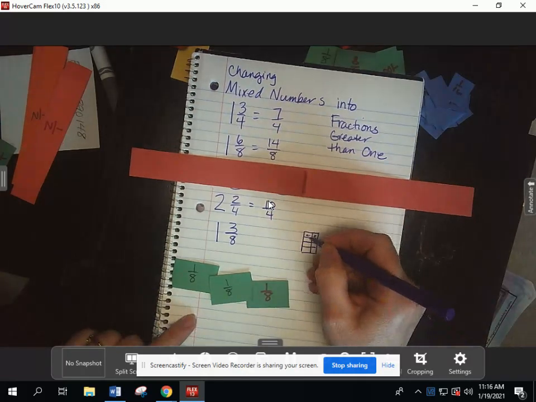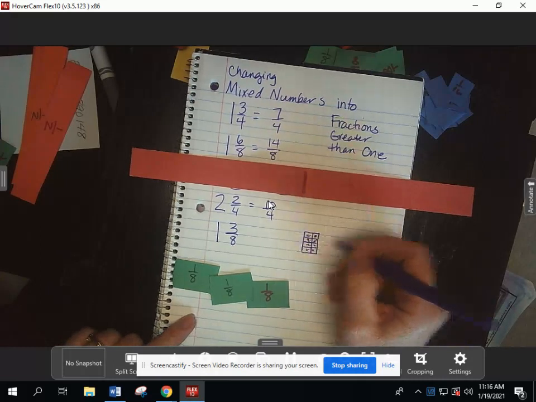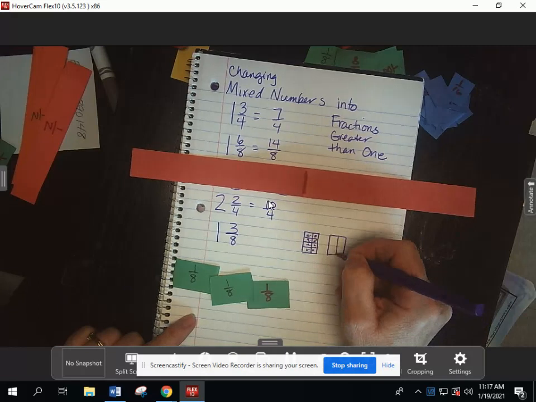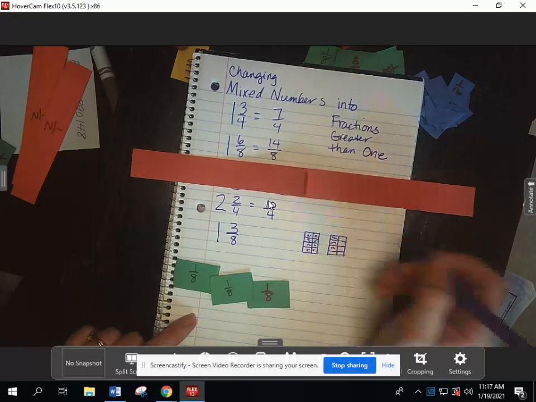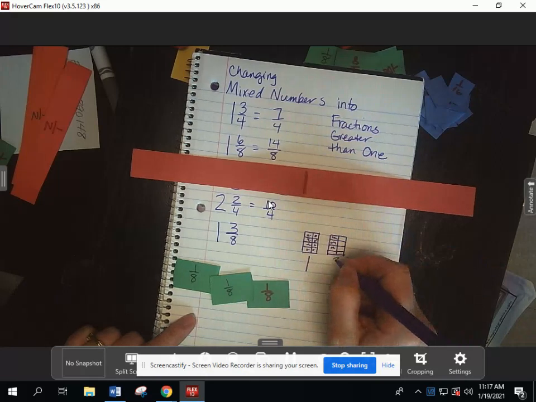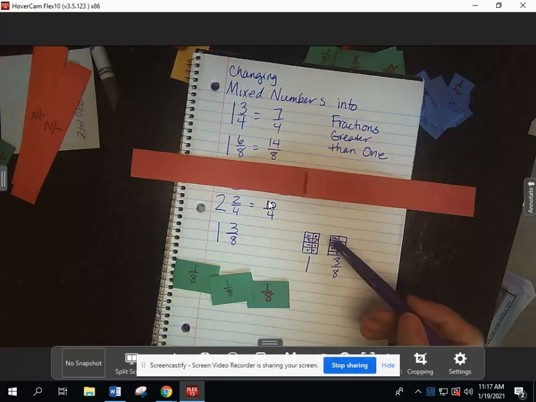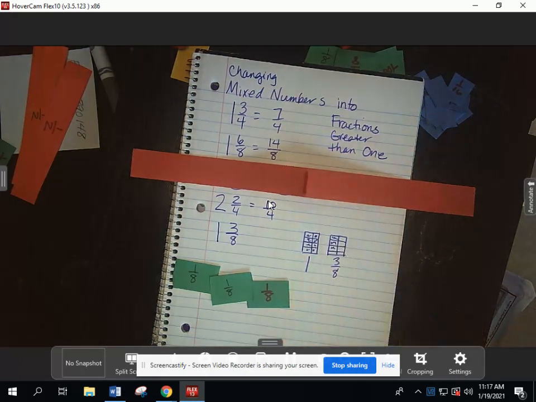I have all of this one. So I have 1 3/8. When we're talking about an improper fraction or a fraction greater than 1, we're counting all of these pieces.